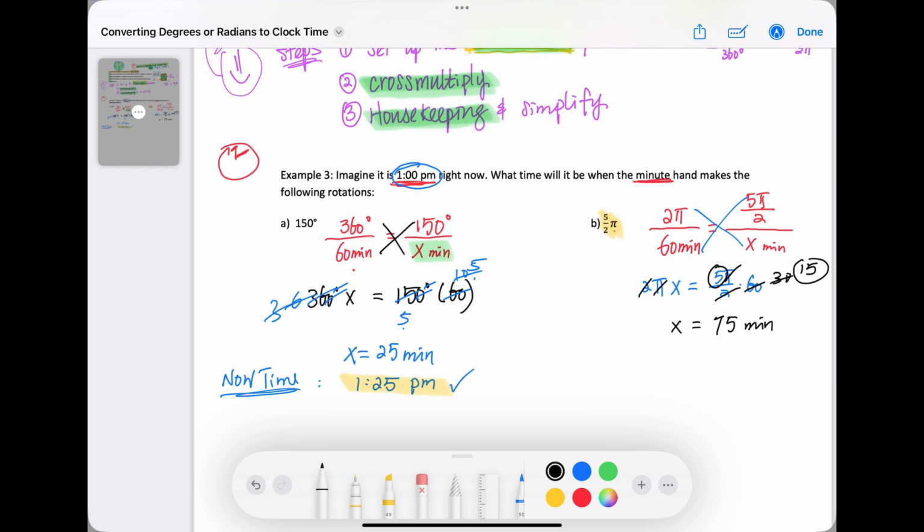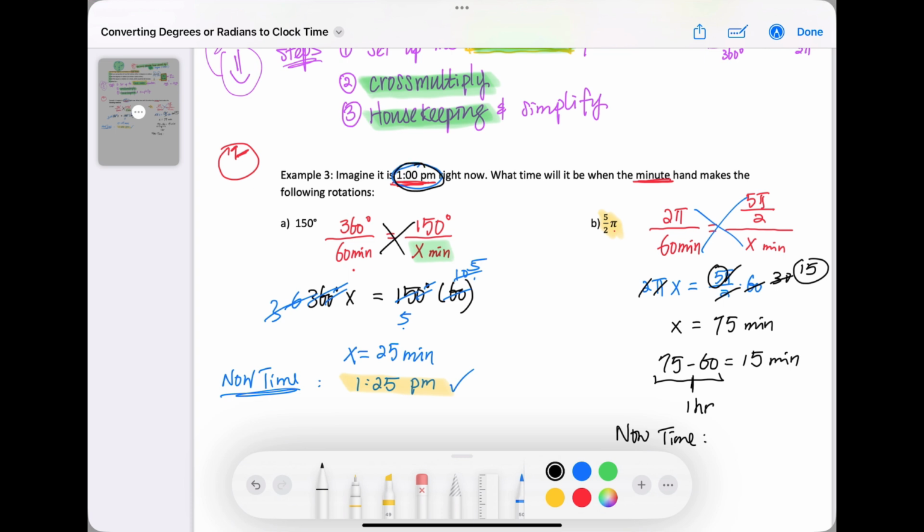Now remember, we want to tell what time it is now. After 75 minutes, the clock keeps going. Every 60 minutes is 1 hour. So 75 minus 60 minutes, we have 15 minutes left. I start from 1 o'clock, and this tells me it's 1 hour.